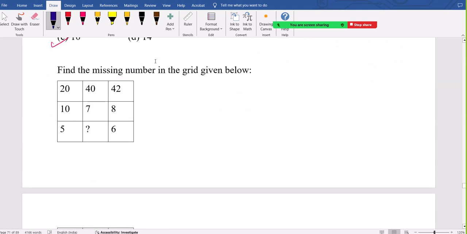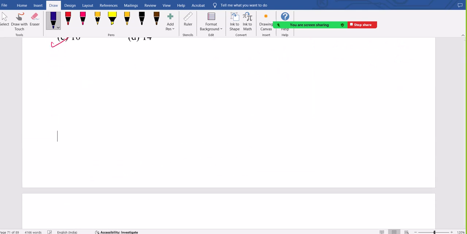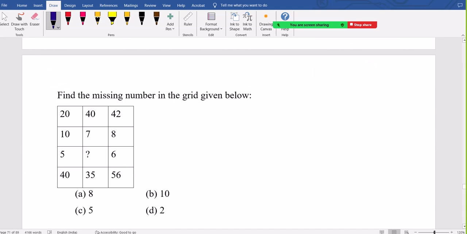Now, next one, there is one more row as well. Let me keep this down. I think this is quite easy for many. Similar to this, we already solved a question.